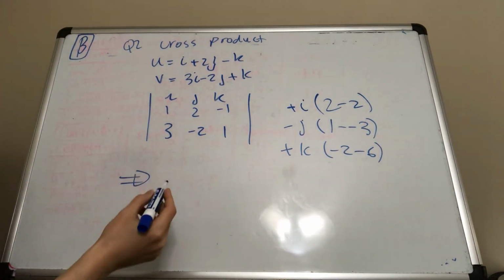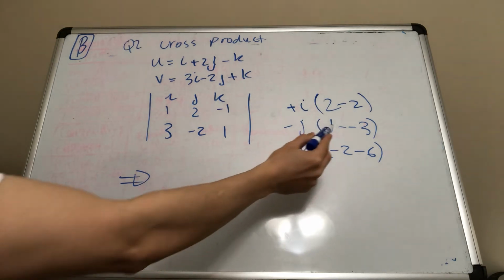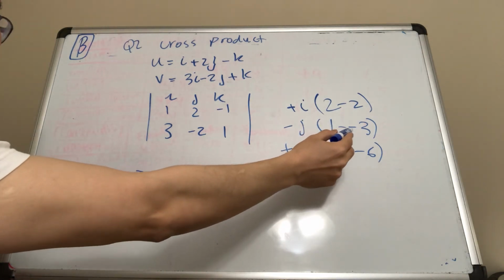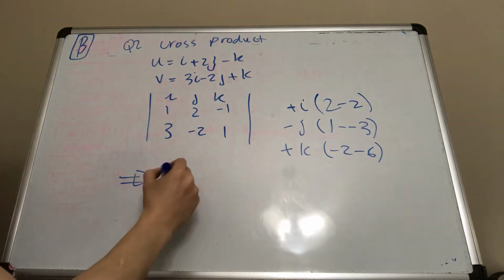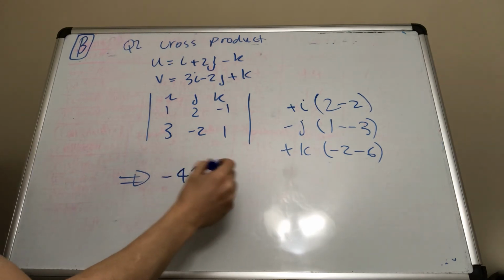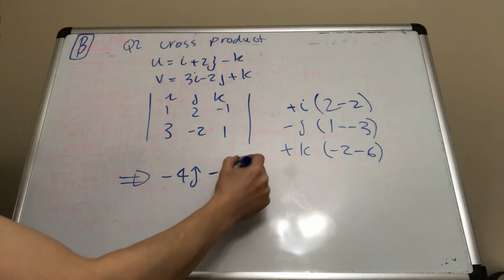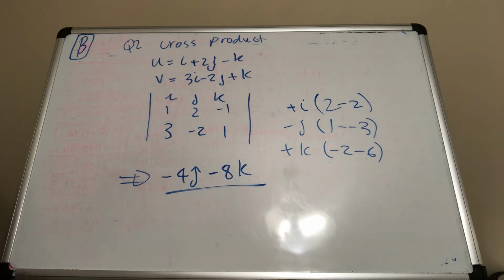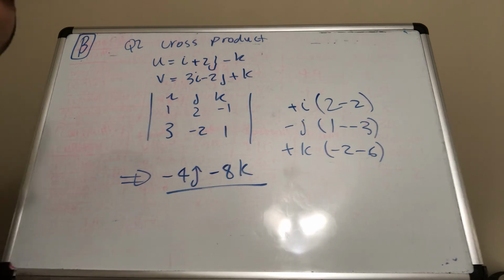So the result, 2 minus 2 is 0. 1 minus minus 3 would be 1 plus 3, 4, and negative 4j, and minus 8k. Good? Going to stop this video, and the next one will complete this sheet.